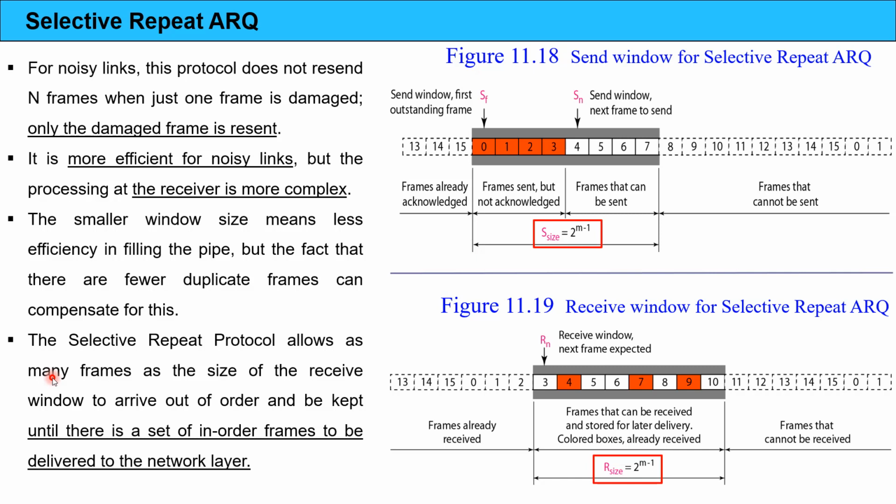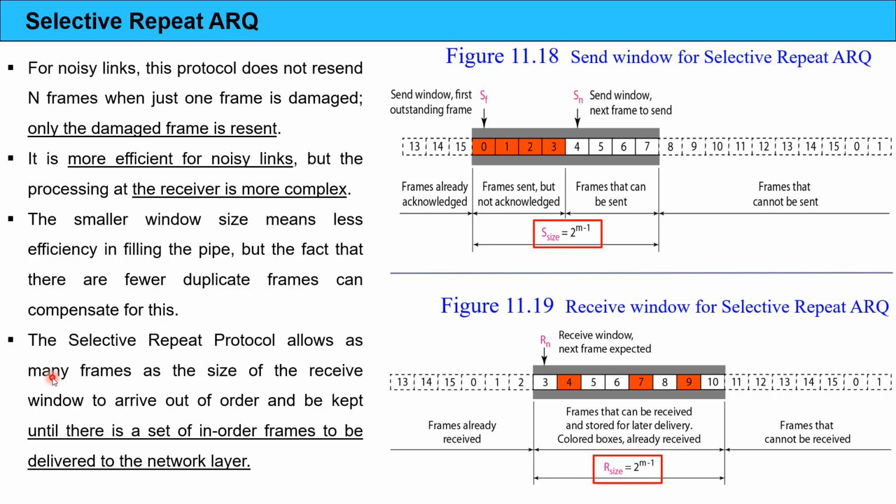For example, if I receive 8, will I deliver 7, 8 and 9? No, I'm still waiting. So it should be in order, starting from the beginning of the window. Other than that, I will just receive them and put them in the window and wait for completing the in-order frames. This is the frame I am waiting for.